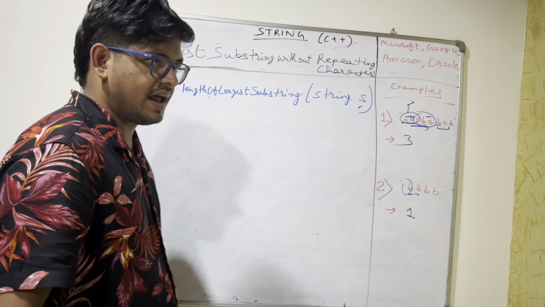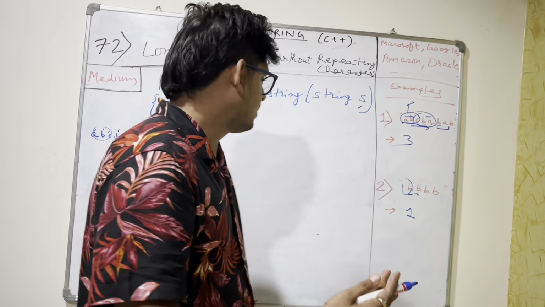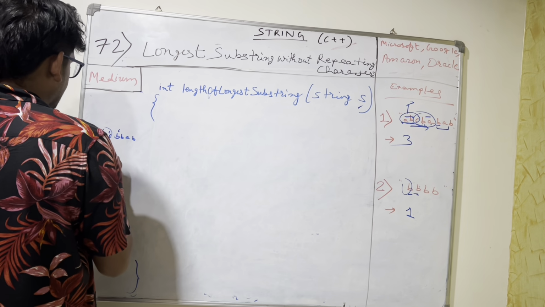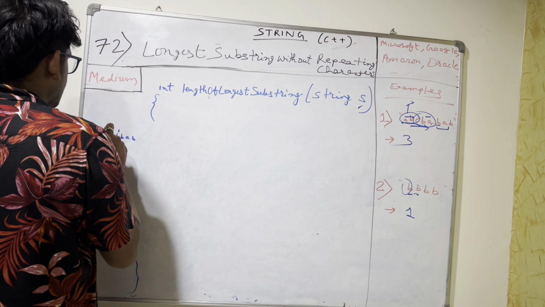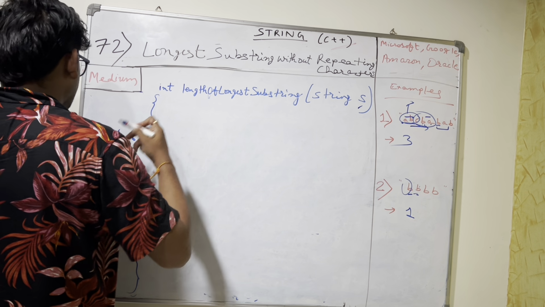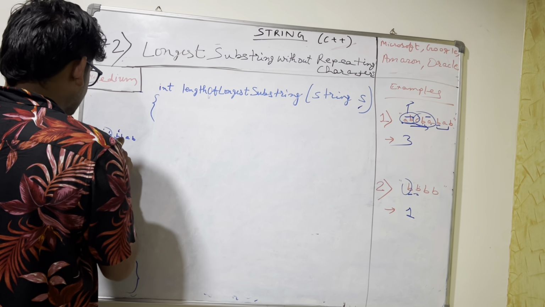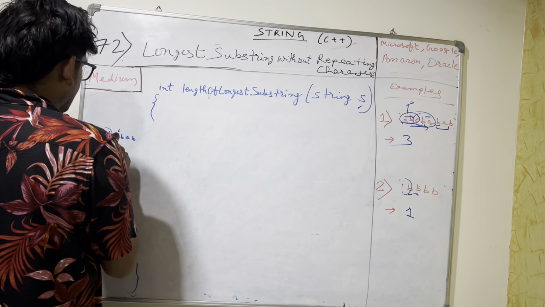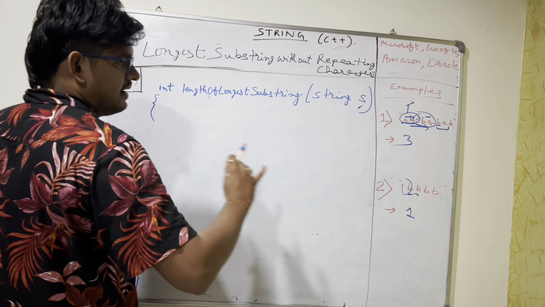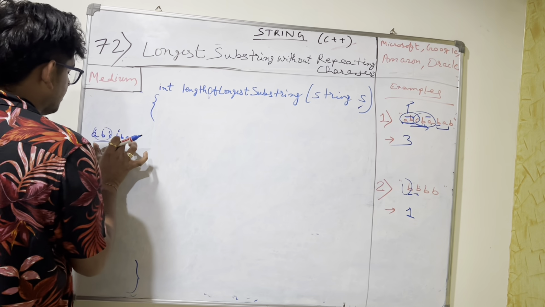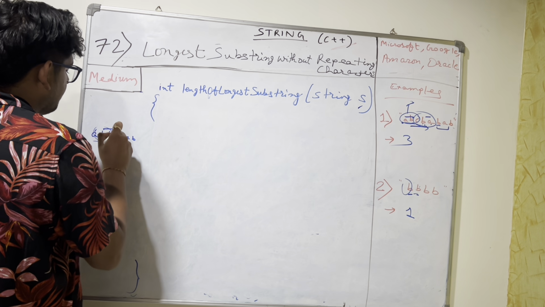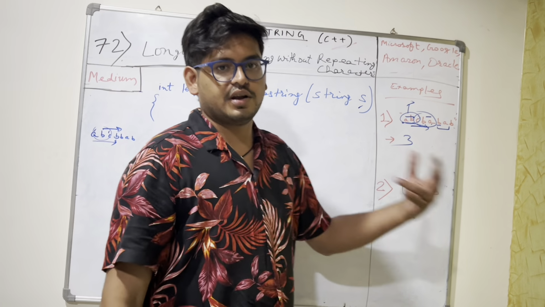Now what? When the character has been repeated, you have to start again, till this length it's 3. If I go further, the characters are repeated, right? So here we can go 3 only. So you can start again from B, C, and continue like that.